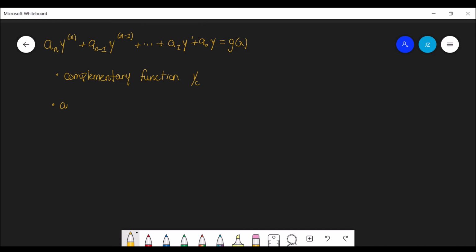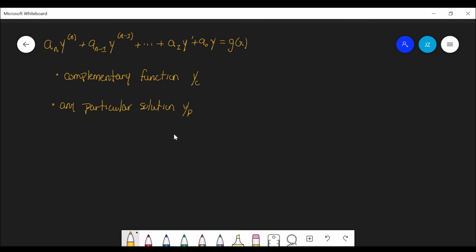Then we must find any particular solution y sub p. It is this step here that we focus on in this lesson and the next lesson.